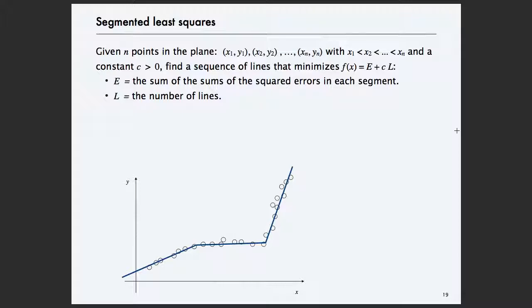Does this idea make sense? So at any given time, I'm going to calculate these two values. What happens when I look at a point?